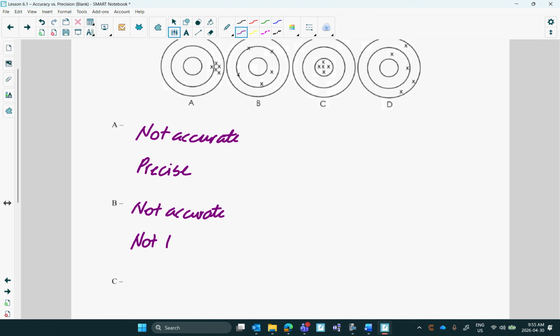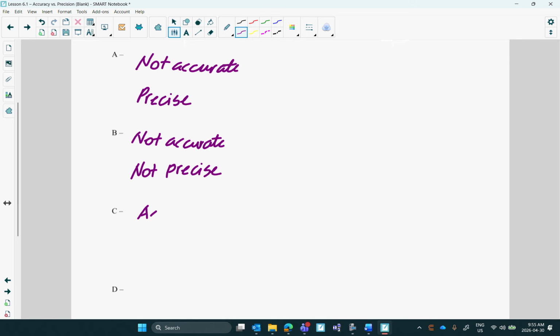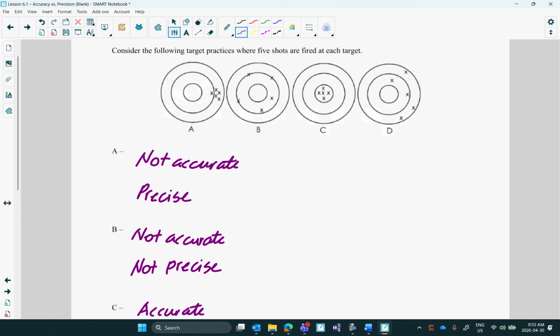Wouldn't the third one be accurate and precise? Absolutely. Third one is the best one. Accurate, precise. What would you say about the fourth one? Not accurate, not precise.